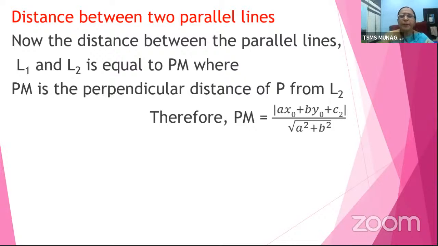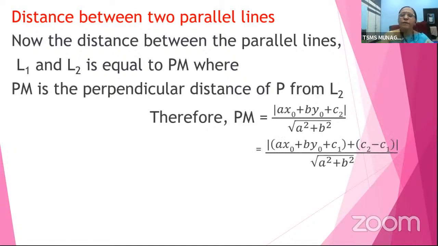It is again the perpendicular distance formula, which we have just learned. It is nothing but ax0 + by0 + constant by root of a square plus b square. Here, for the second line, the constant is c2. So PM is modulus of ax0 + by0 + c2 by root of a square plus b square.